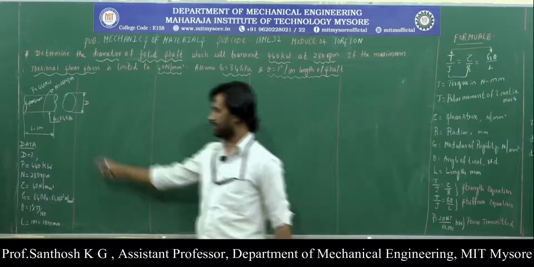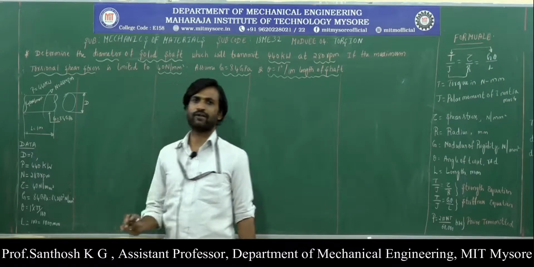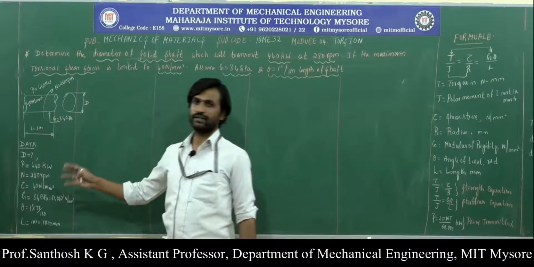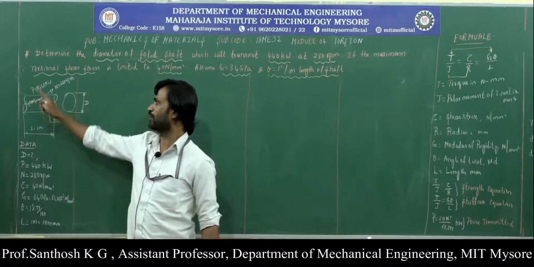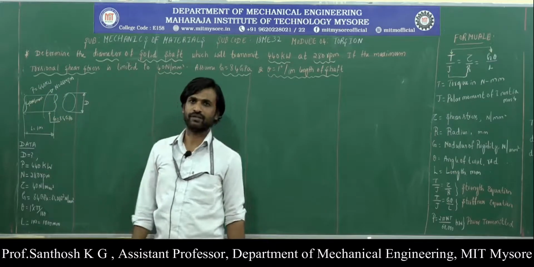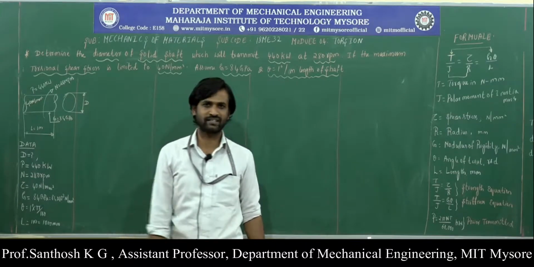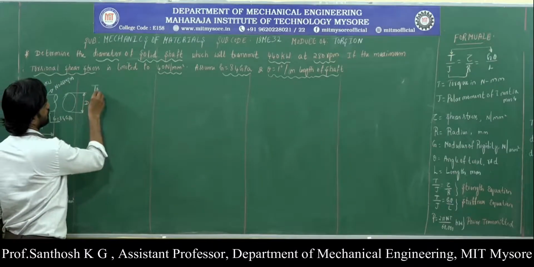But if you look at the data given in the statement, you don't find the value of T directly. But the value of T is given indirectly by giving the amount of power this shaft can transmit and the speed at which it transmits. So first let us find the torque.